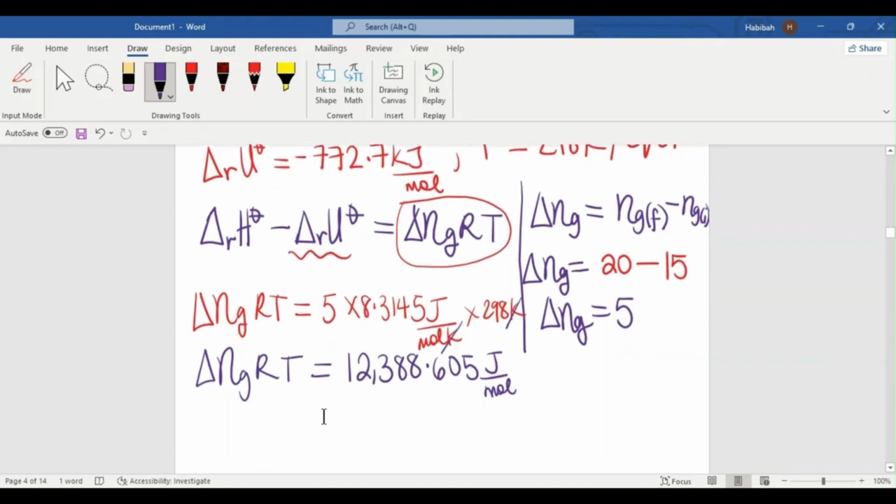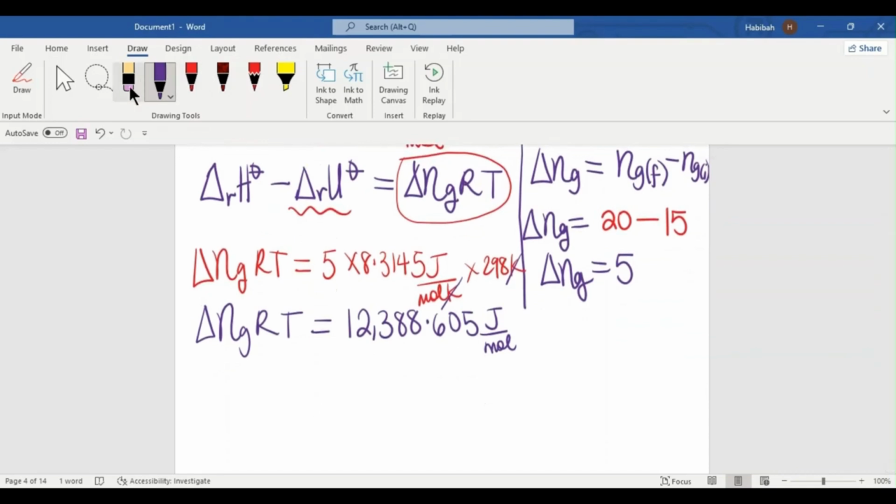So now we have enough information that we can just input what we have to determine the change in enthalpy for this reaction. So we can rewrite the equation: change in enthalpy for this reaction equals change in the number of gas molecules times RT, plus change in the internal energy of the reaction.